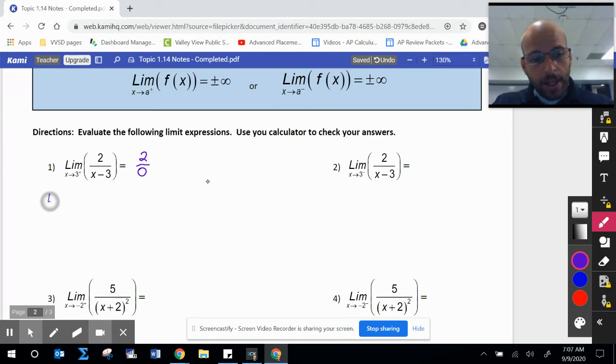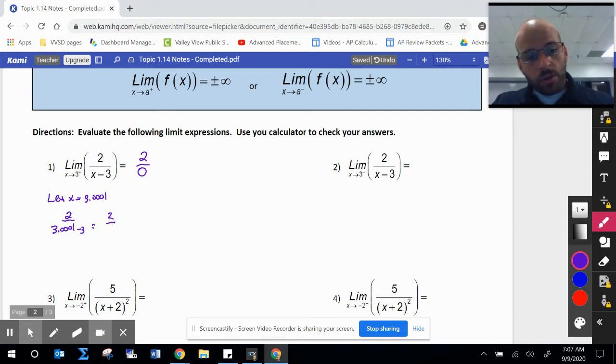So let's say I let x be 3.0001, right? So that's just to the right of 3. I'm going to now have 2 over 3.0001 minus 3, which will give me 2 over 0.0001, which is going to be a very large number, right?